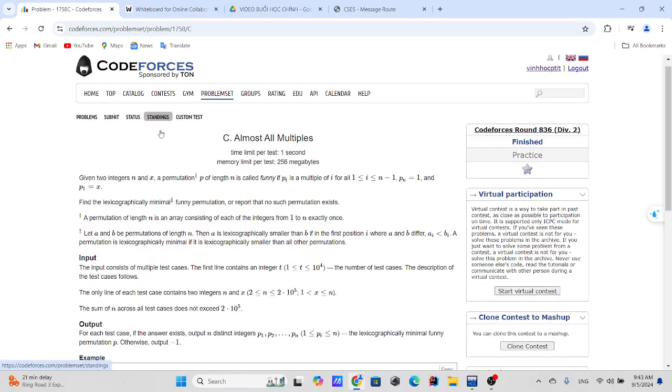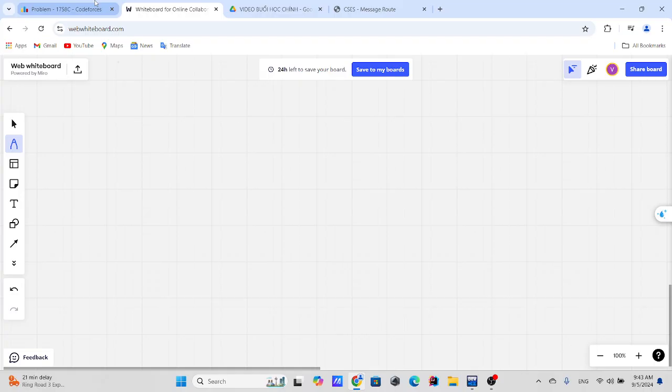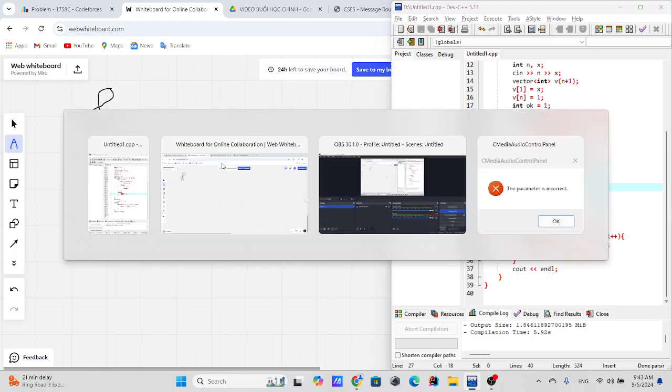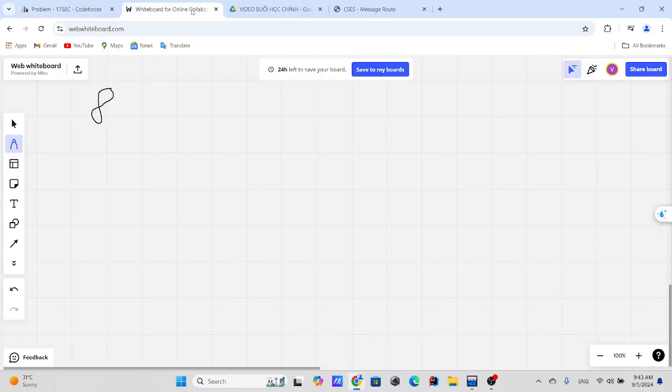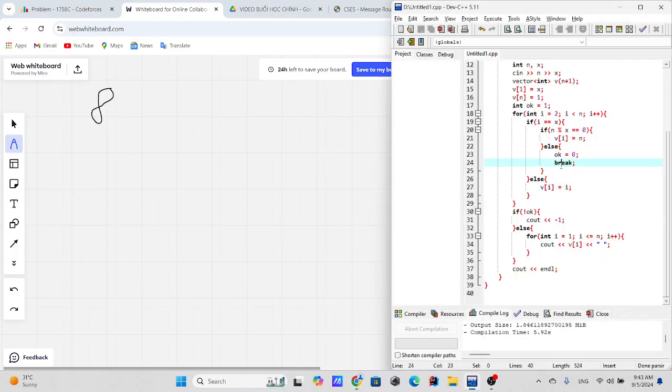Expected 4, found 8. Okay, so it's not the most optimal way to make this array lexicographically minimal, right? Expected 4, found 8.